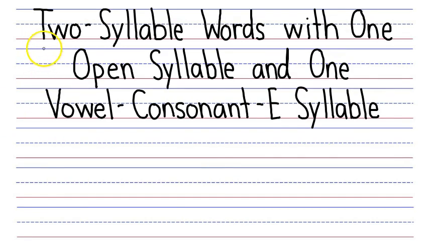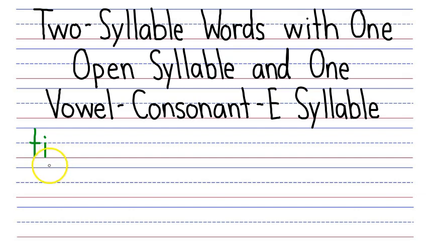Next, let's write some two-syllable words with one open syllable and one vowel consonant E syllable. First word, tirade. The open syllable in this word is tie, with a T that says t, and an I that makes a long I sound, because it's not closed in by a consonant.